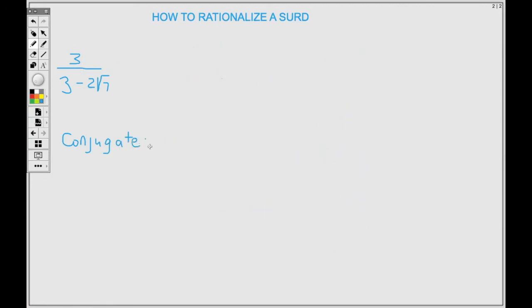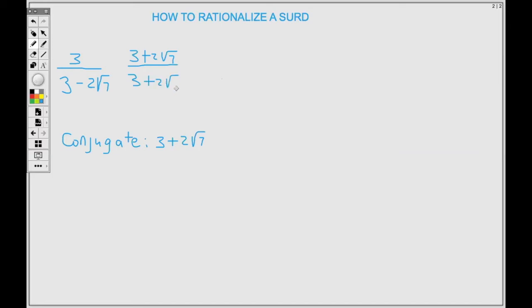So here we have another example where we'll be rationalizing. So first I have to find the conjugate of this, which is 3 plus 2 root 7. And this is what I'm going to use to multiply the numerator and the denominator by this conjugate. So having this, we then multiply the numerator and denominator.